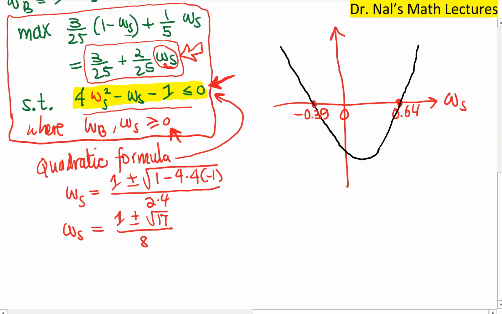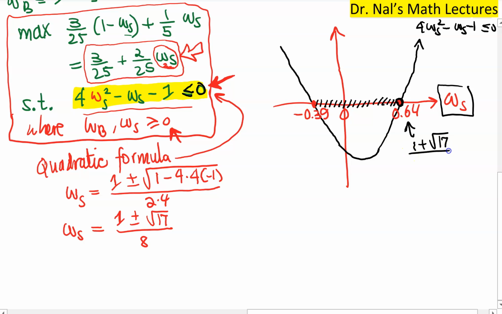Our goal is to maximize WS as much as possible, as long as this expression, WS squared minus WS minus 1, is less than or equal to 0. That means we want it to remain below the x-axis, which is basically this range over here. Within that range, the highest value we can take is exactly this endpoint, which, like we said, is 1 plus the square root of 17, all divided by 8. That's WS.